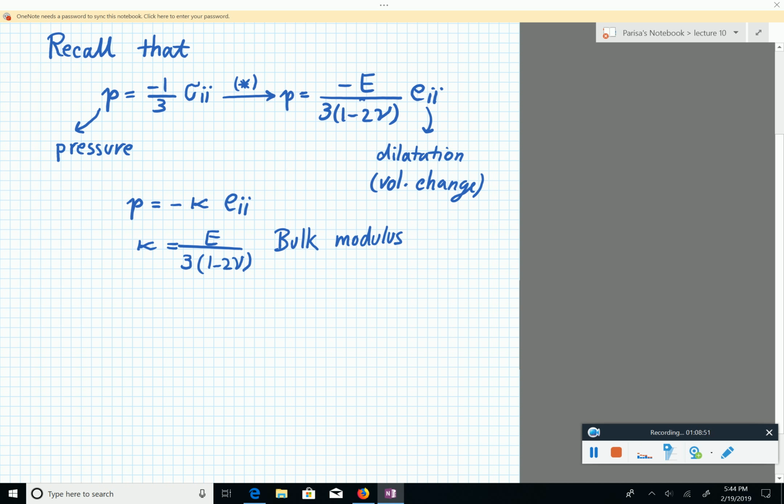If you put 0.5 here, the bulk modulus will be very large. That means that you can't squeeze it. But if I ask you this question in the candidacy exam, if you have a ball made of some material and Poisson's ratio is 0.5, could you squeeze it?